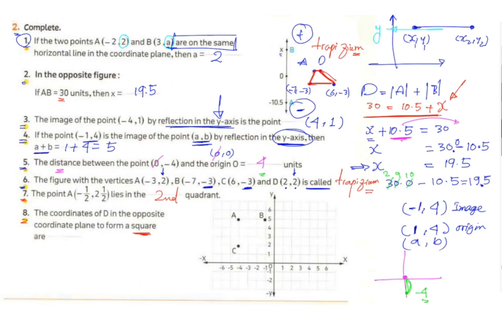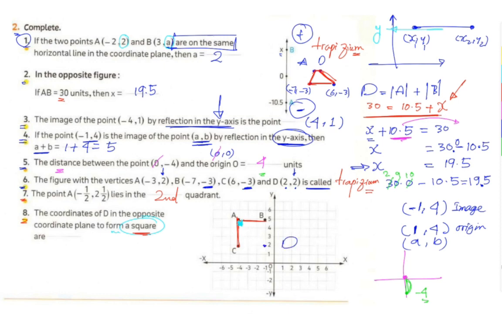So if you match A to B, A to C, we have some right angle here. Okay, I need to find where D is to form a square. To form a square, D of course must be here.